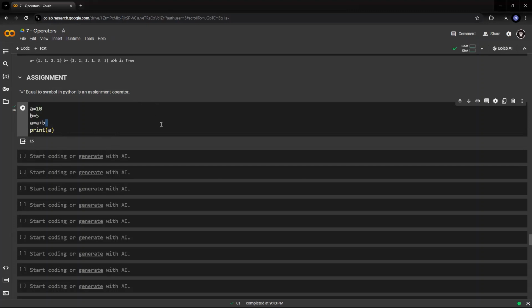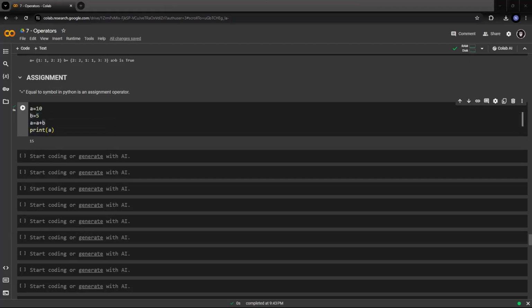However, it needs to be emphasized that the equals to symbol is an assignment operator here, not used to show the equality of left hand side to right hand side as in mathematics. Because it is an assignment operator, the expression on the right evaluates to 15 in the code that we have written, and the value is assigned to a again.